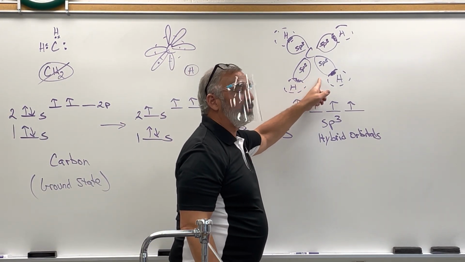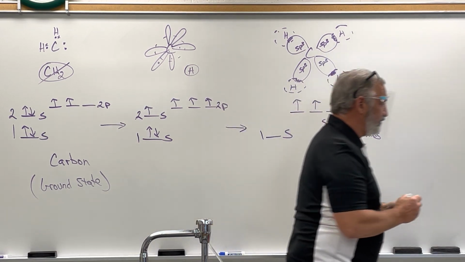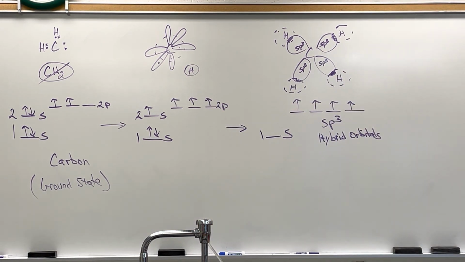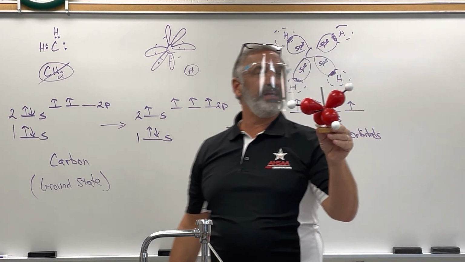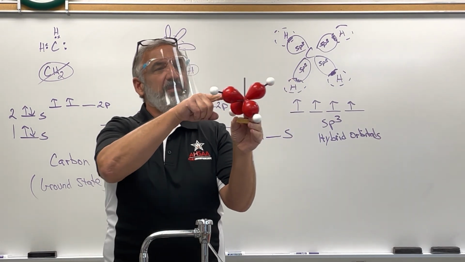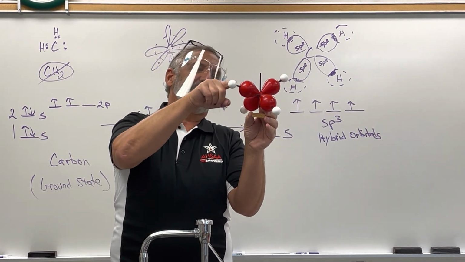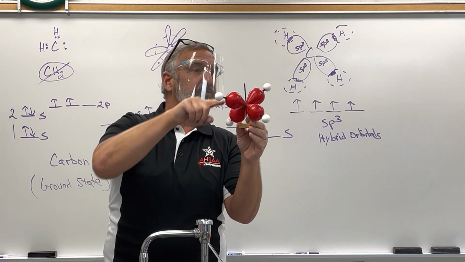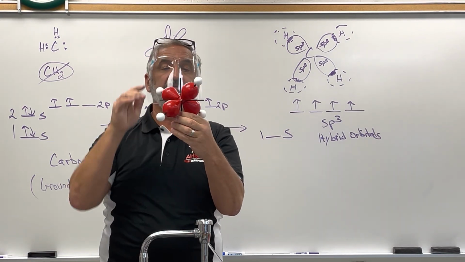So, when we look at this, those 4 orbitals, now I drew this in 2 dimensions, but it really exists in 3 dimensions. So when I look at that, it's going to look like this. Each of the reds, a globe or sphere, these red orbitals, are your hybrid orbitals.